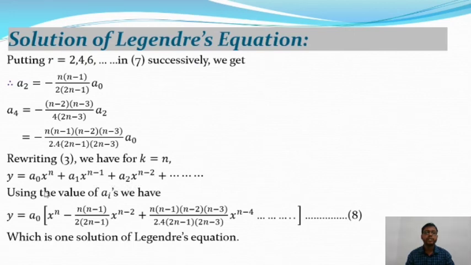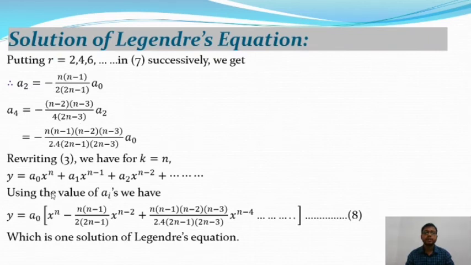Now using the values of ai's, the second term will be 0, fourth term 0, that means the coefficients a1, a3, a5, a7 are 0. But the coefficients a0, a2, a4, a6 all exist, and a2 is equal to this, a4 is equal to this, and so on.